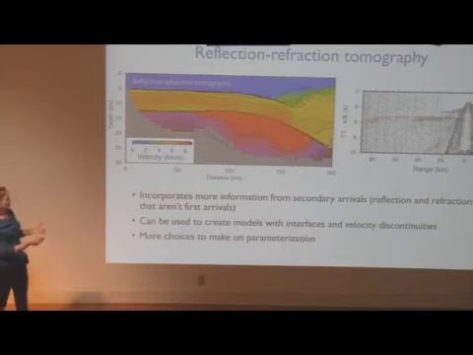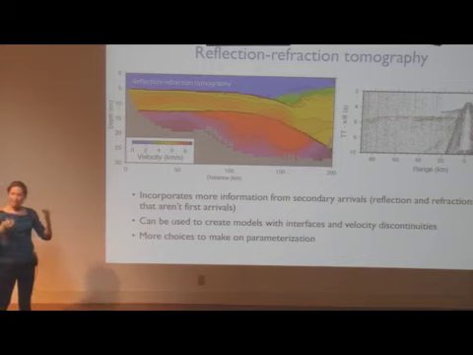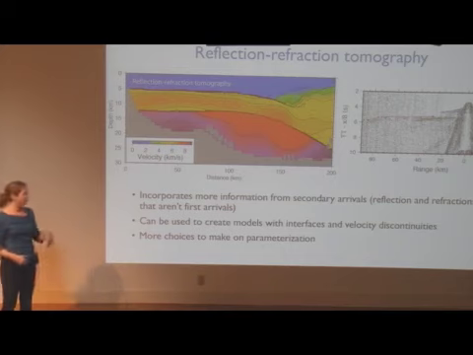And this is because now that we have these reflections we're including, we can have a model that's not just smooth variations in velocity, but has big jumps in velocity. And this is the kind of thing that we get from that. So anyway, you'll see both varieties in the literature. And so by understanding what data went in, you can understand why it might be a very structured model like this or something that's very smooth. But they both have pros and cons.